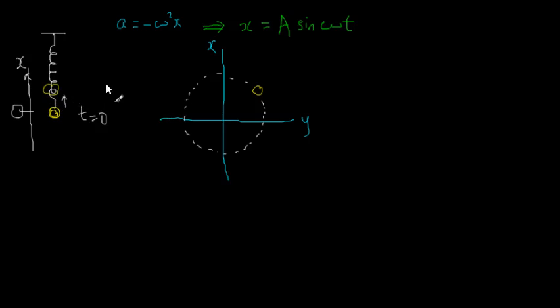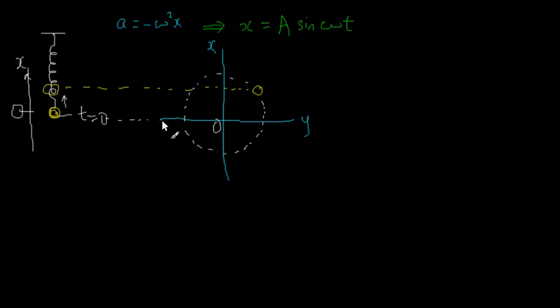Now, let's say this is at the same value of x as this ball going around the circle. So my x equal to 0 is here. x equal to 0 is at the same level as this.